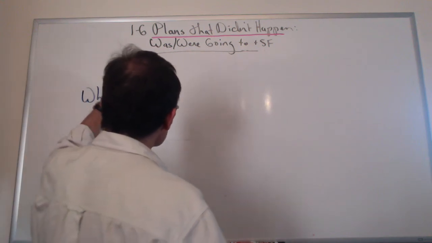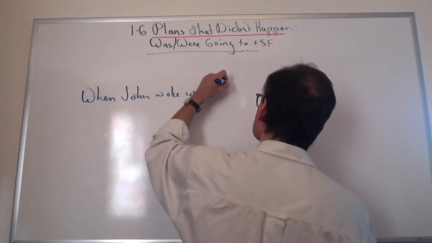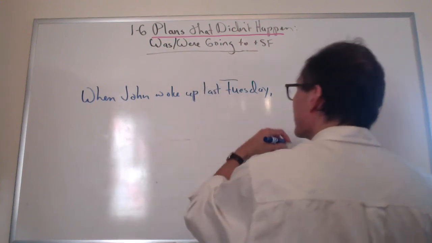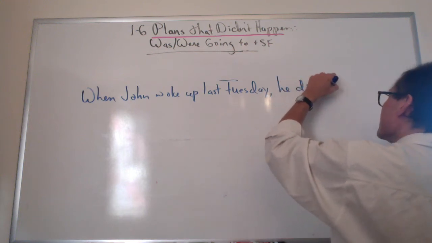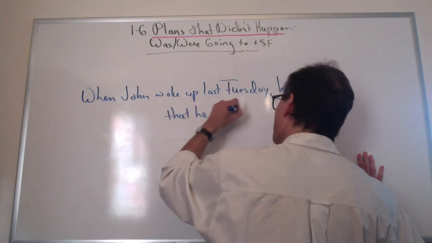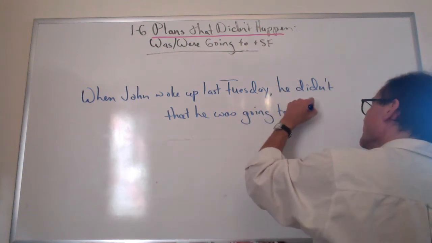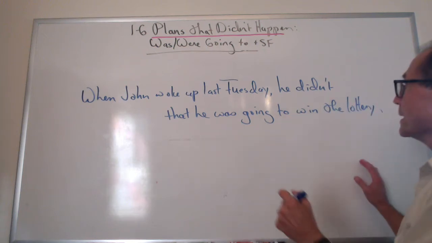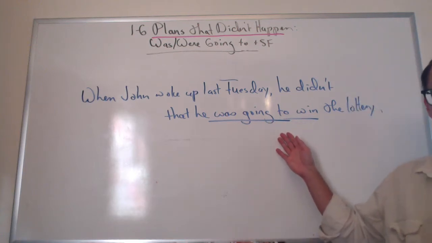When John woke up last Tuesday, he didn't know that he was going to win the lottery. Okay? So here I have he was going to in simple form, but this actually happened.